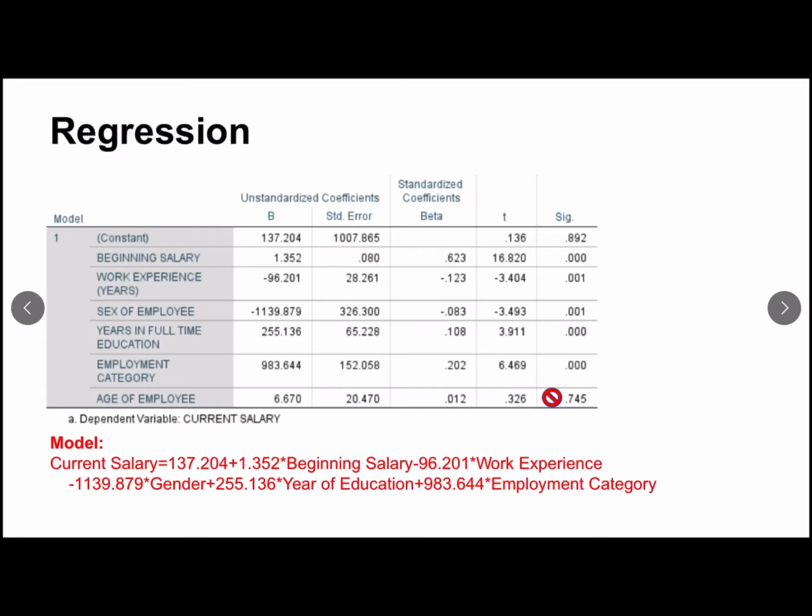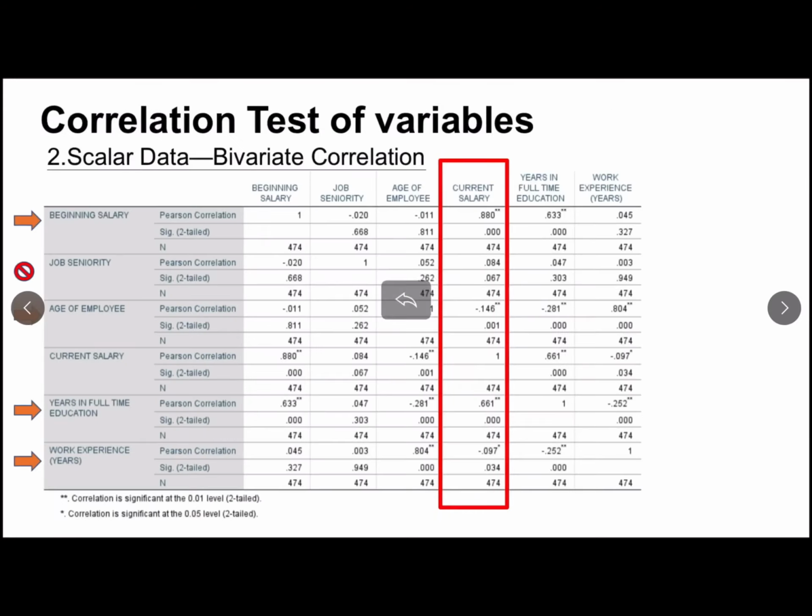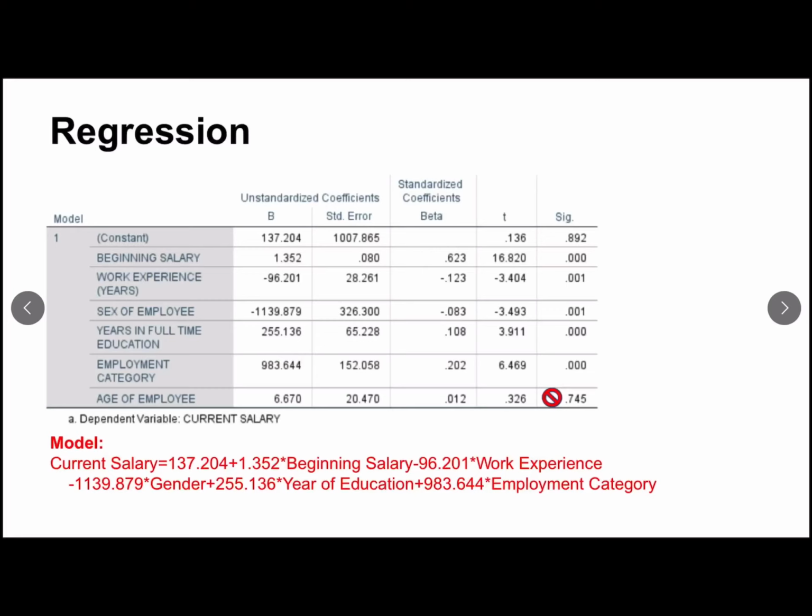As you can see, although the age of employee was related to the current salary before, here the p-value is larger than 0.05, so we regard this variable as an unrelated variable.